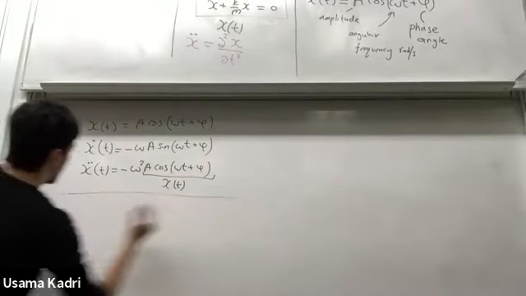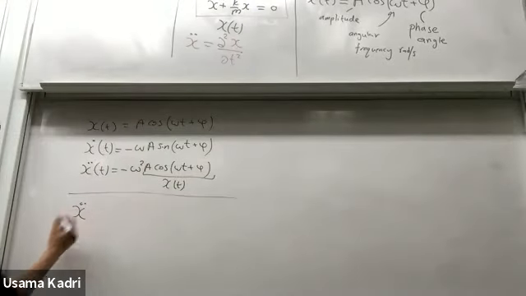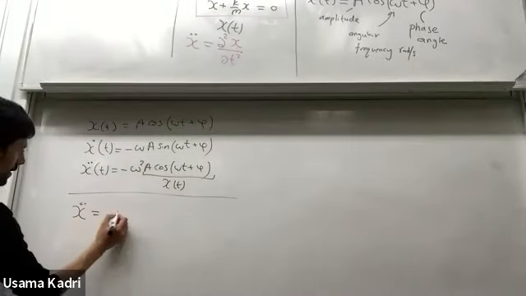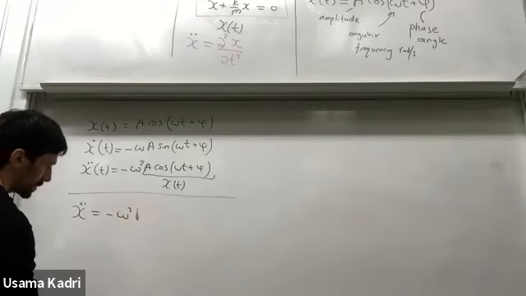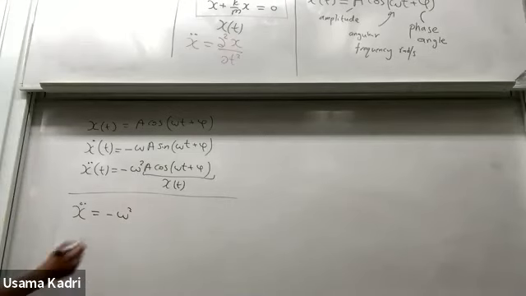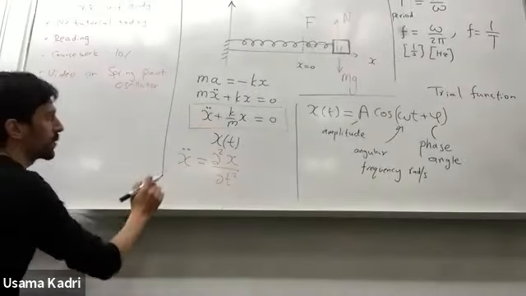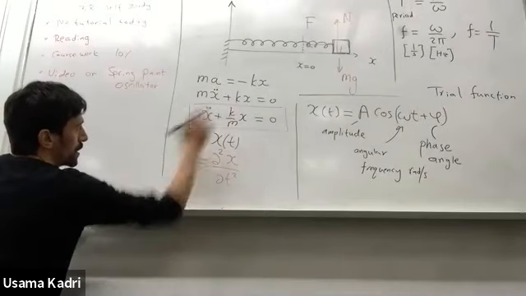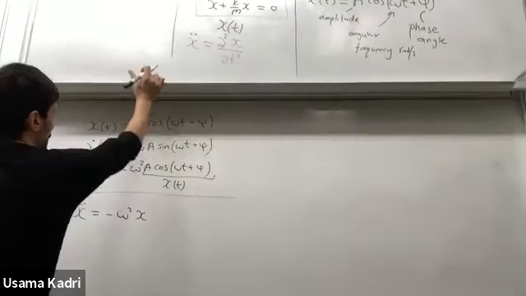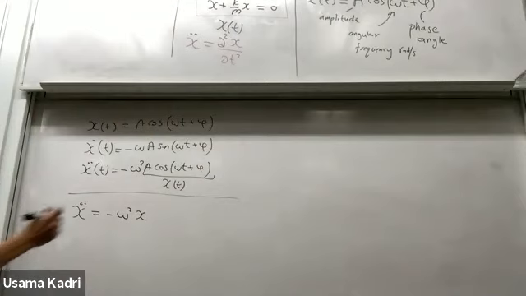So here, x double dot is minus omega squared x. So all we need to do now is to substitute in the equation. We have x double dot, and I add to that k over m times x.